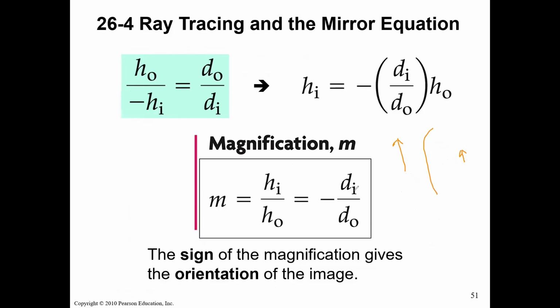So D_O is positive, D_I is negative, and this magnification is positive. Why is it positive? Because the image has the same orientation as the object. Although it's smaller than 1, it is still larger than 0 for convex mirrors.